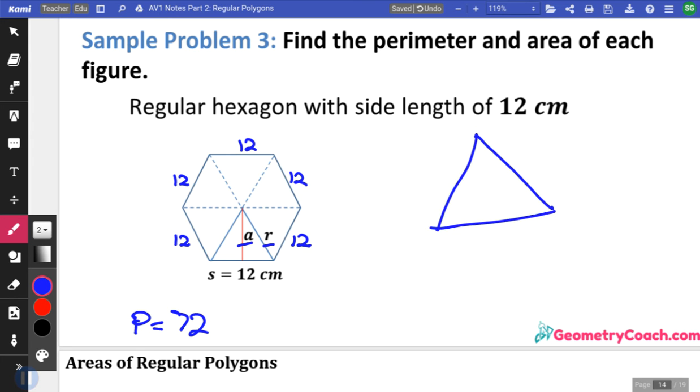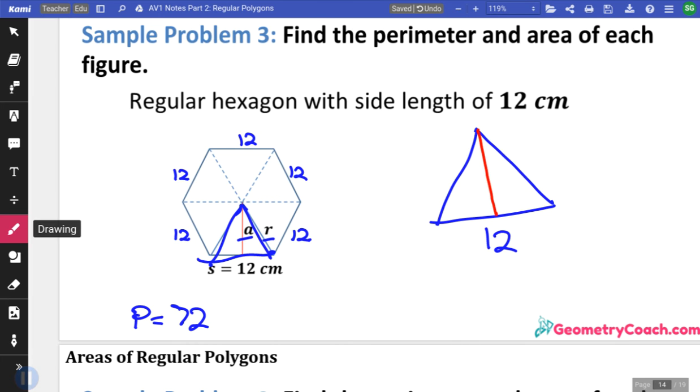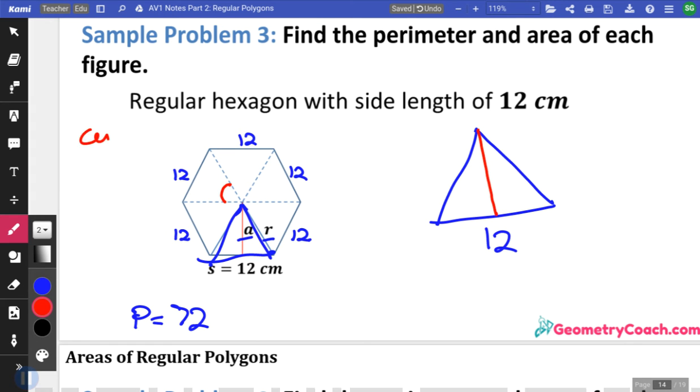So I'm going to blow up this triangle right here. This side is 12. We have this red side, and that's all we know. Except we know a little bit more. In a hexagon, we have a central angle. To get all the way around would be 360 degrees.